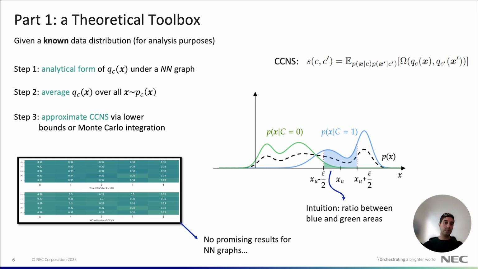But this also means that the CCNS doesn't look great for nearest neighbor graphs. And we tried this with many different randomly drawn data distributions. So can we try to understand a bit better what's going on here?